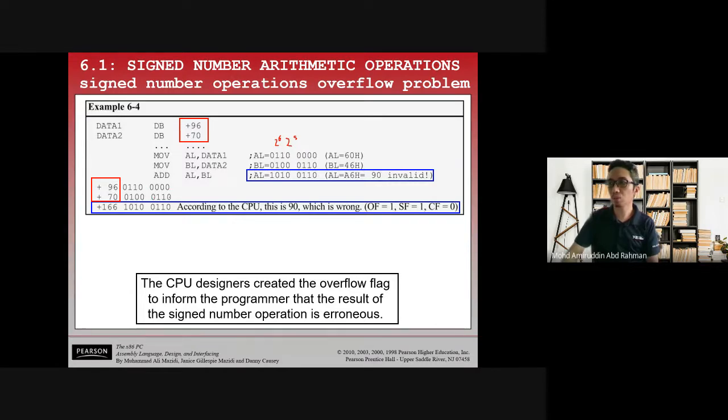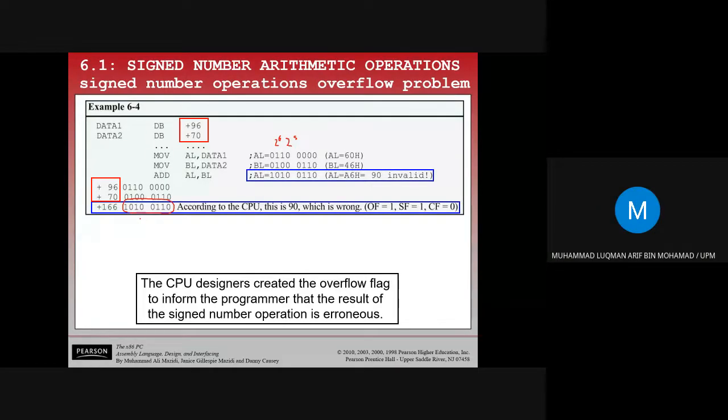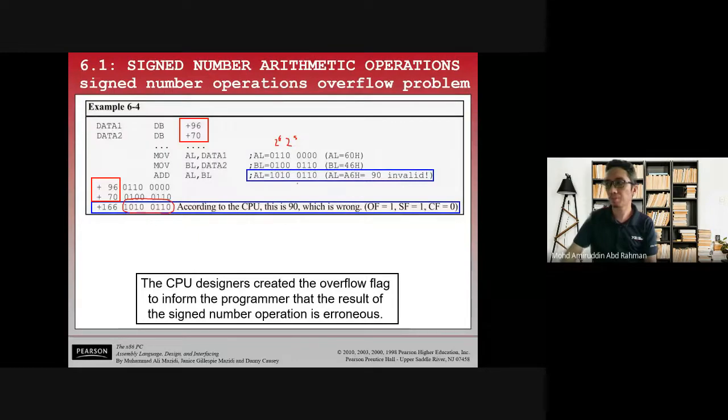So 0, 0, 0, 0, 1, 1. So you get 1, and then 0, 1, 1, 0 and 1. So you get 1 over there. So what is this? A6.